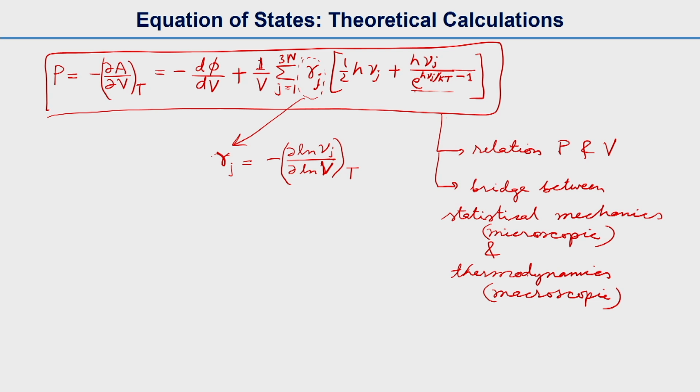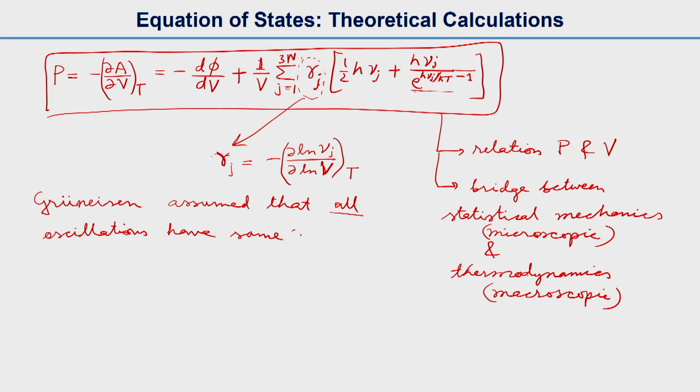And so Grüneisen simplified this and assumed that all the oscillations have the same gamma.